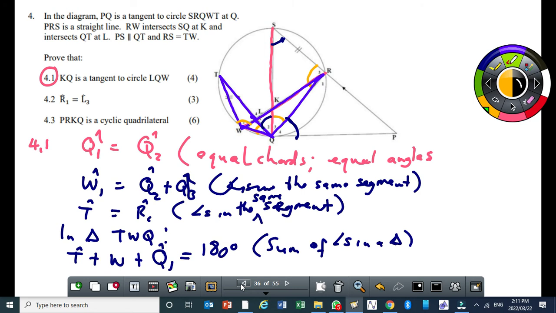Q1 plus Q2. Listen, here I wrote Q2 by mistake, it's supposed to be Q3.